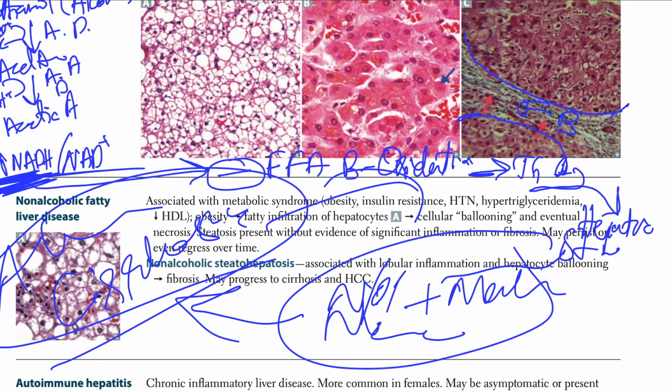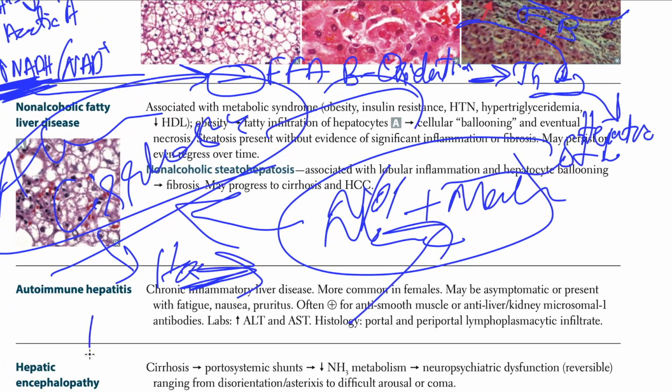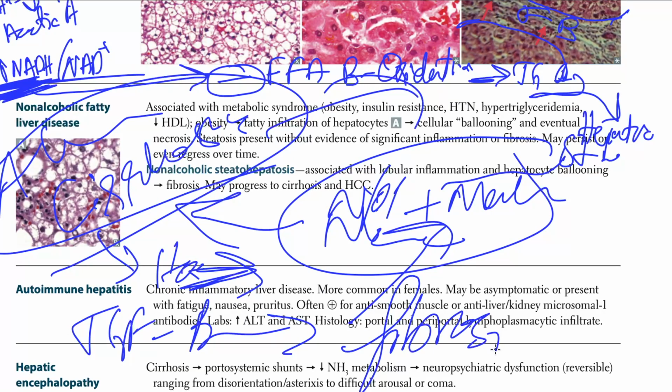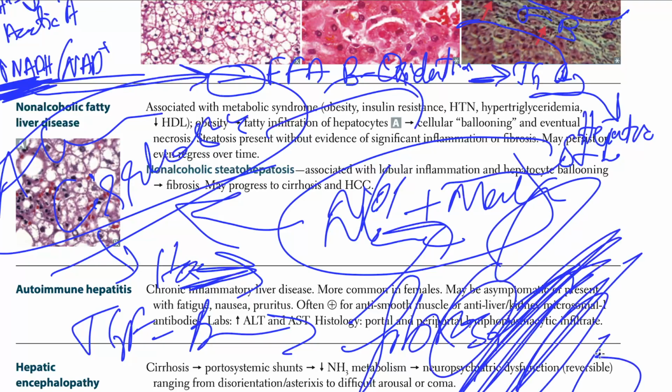Why? Because now those stellate cells are stimulated, and instead of regenerating these necrosed hepatocytes, they release TGF-beta and cause fibrosis. The fibrous bands start forming between the hepatocytes, and now it's called cirrhosis.